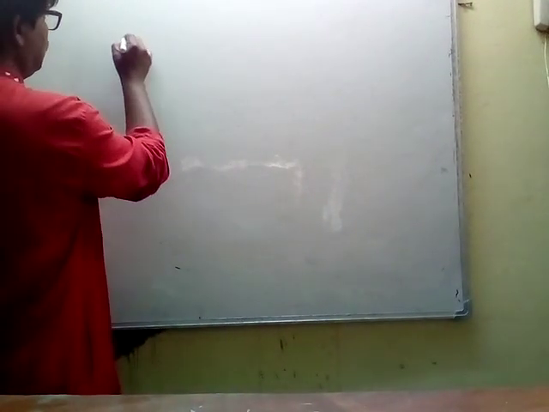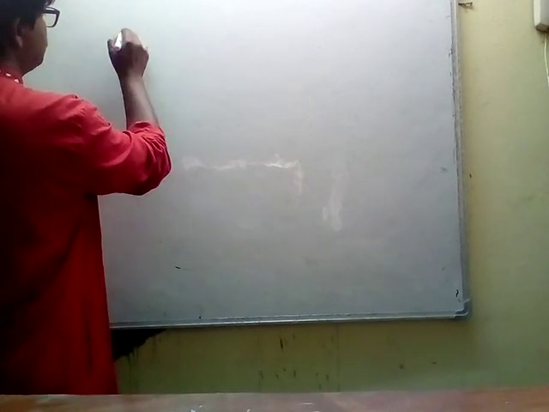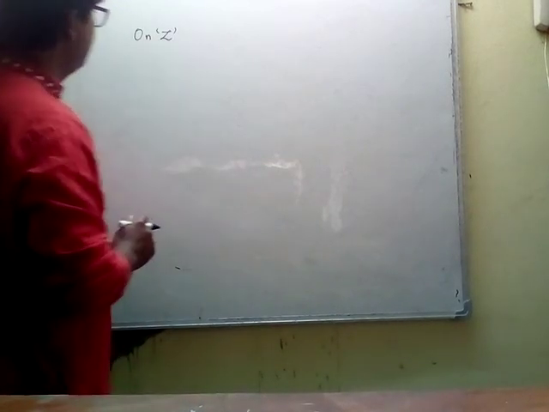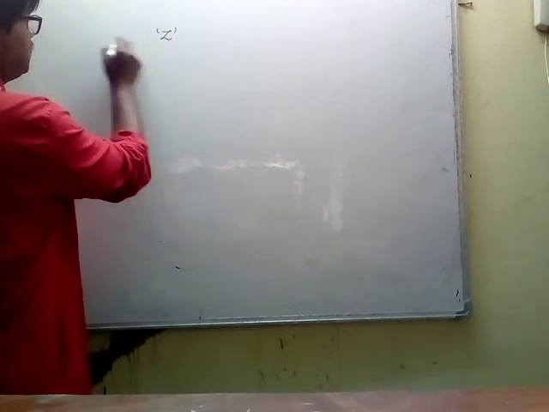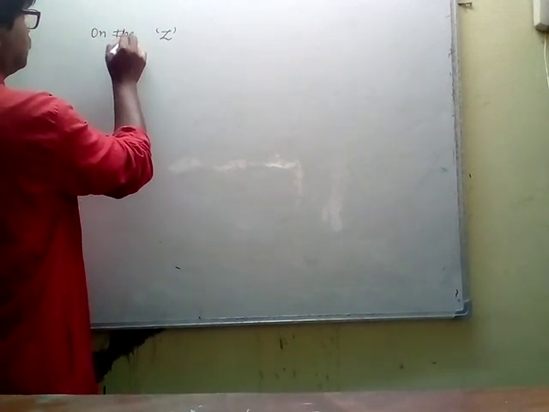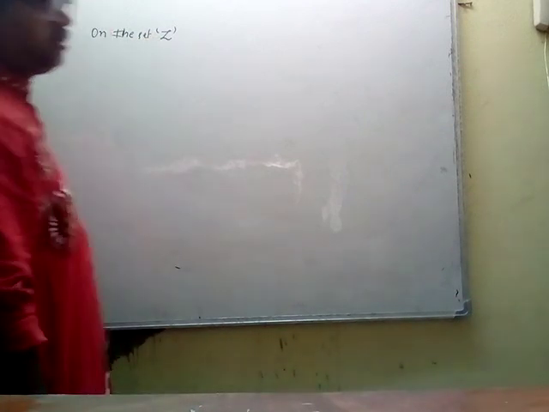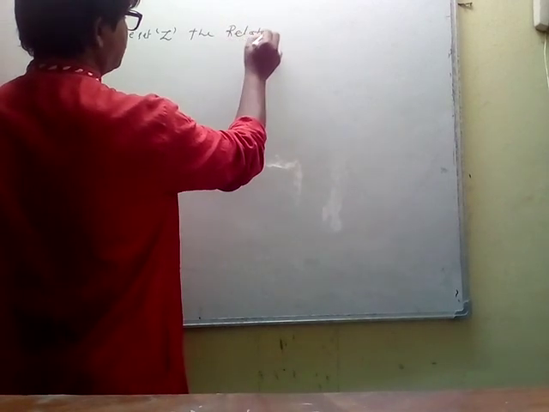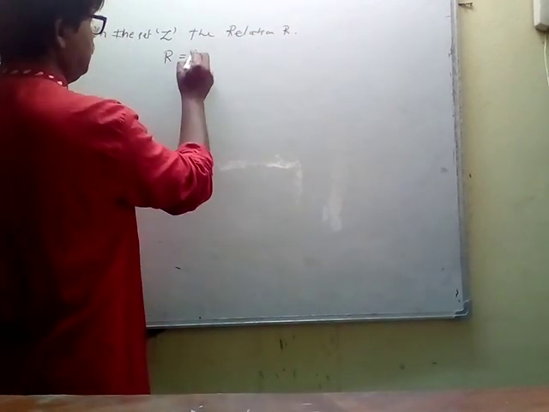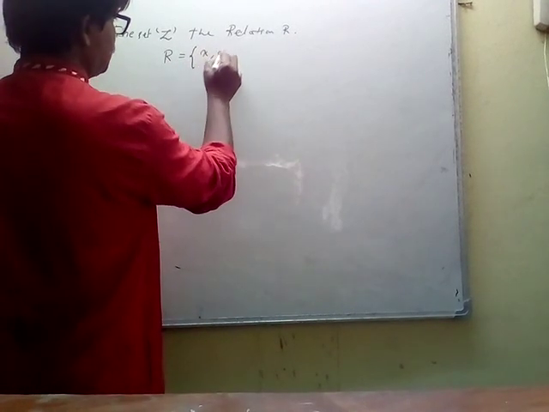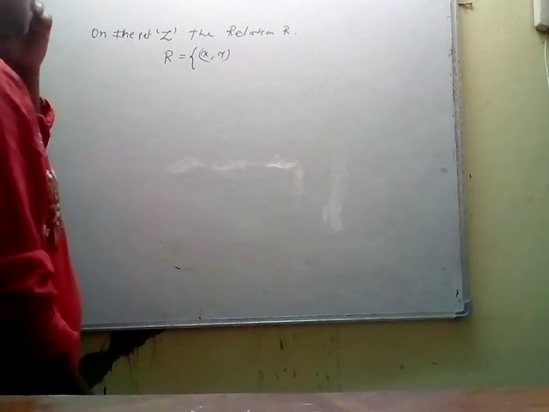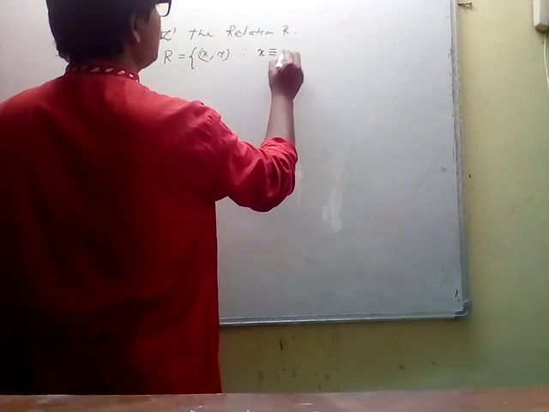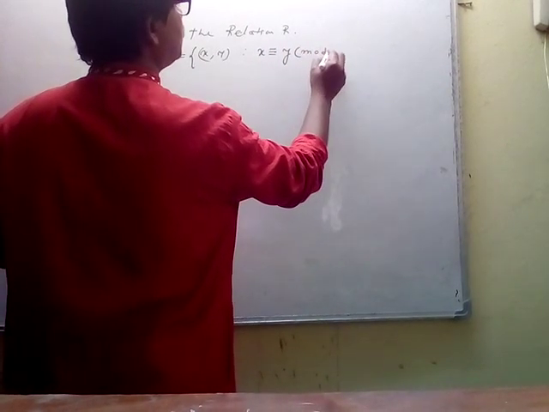Suppose on the set of integers Z, the relation R is defined by R equals the set of all (x, y) in Z such that x is congruent to y modulo n.